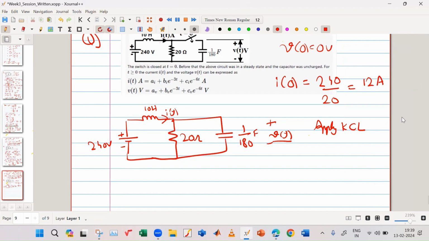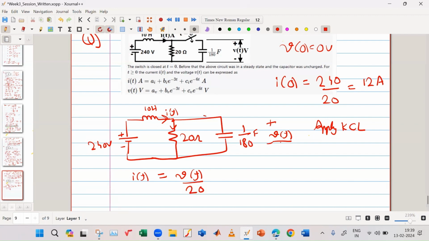Okay. So we apply KCL. The current flowing into the node, I of t, is equal to the current flowing out of the node. Now, what is the voltage here? It is V of t, right? Voltage at this node is V of t. So the current flowing out is V of t divided by 20.